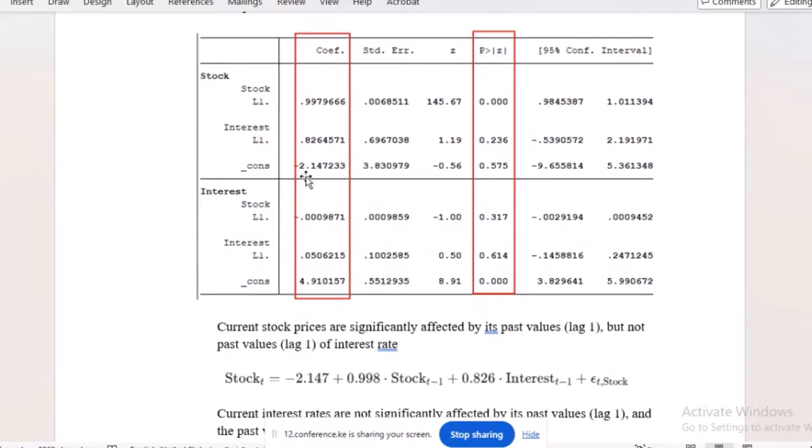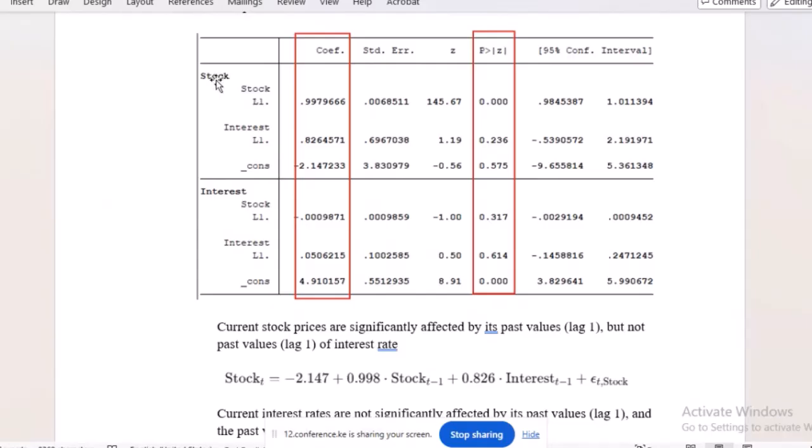So what we are looking at, how is the current stock prices affected by the previous period's stock prices, T minus 1, and the previous period's interest rates, T minus 1 as well. So the same case to interest rate, how is current interest rate affected by the previous stock prices and the previous interest rates? So it is T minus 1.